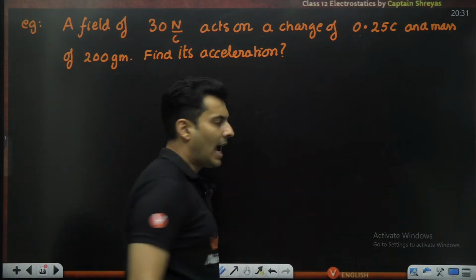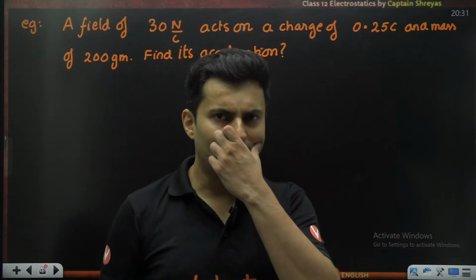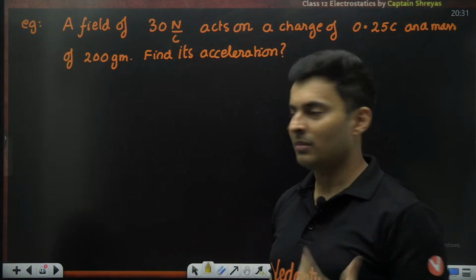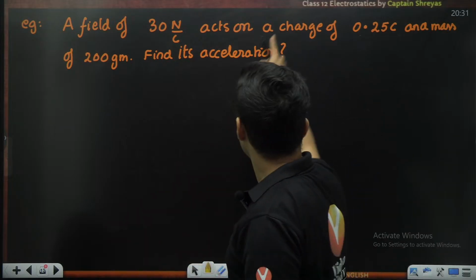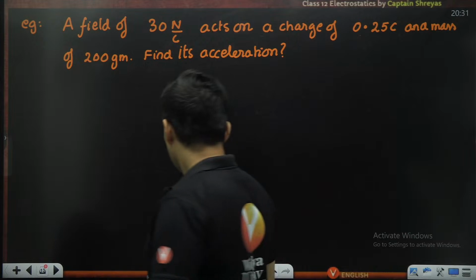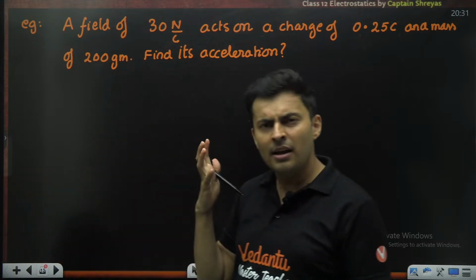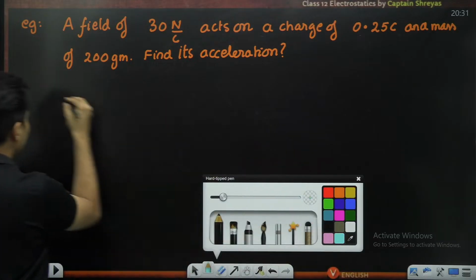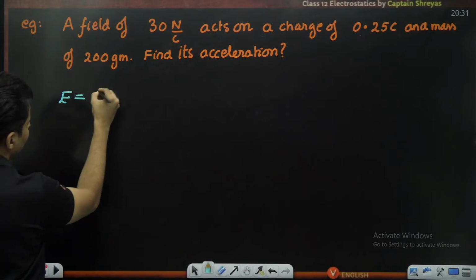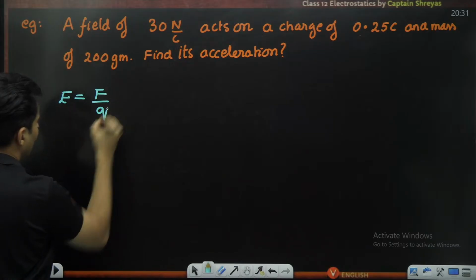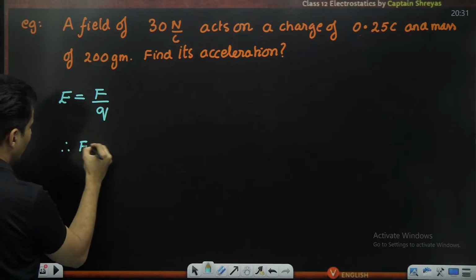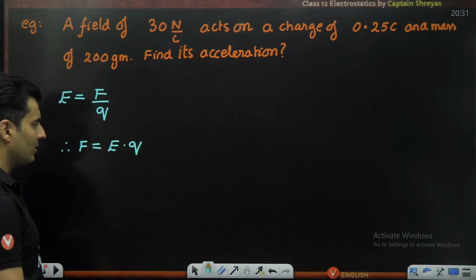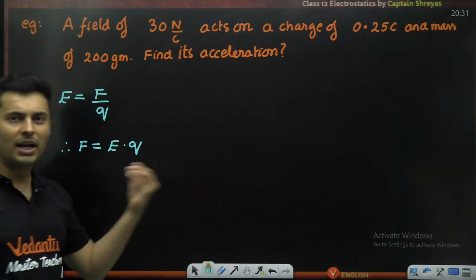Find its acceleration. Well, if it is accelerating, there should be a force on it. So who will give that force? This electric field. Do I know a formula which relates field and force? Of course, the definition says that electric field is the force by the charge. So shouldn't the force be the electric field multiplied by the charge?